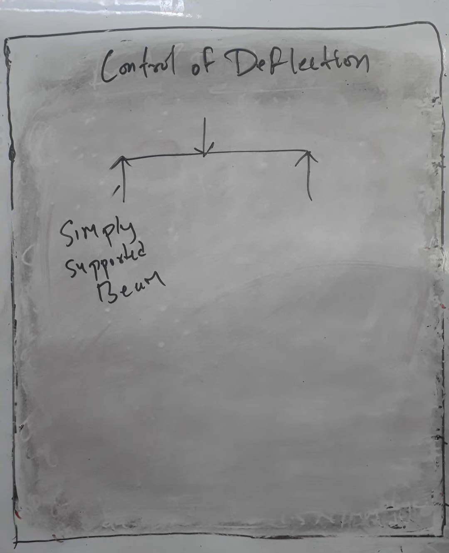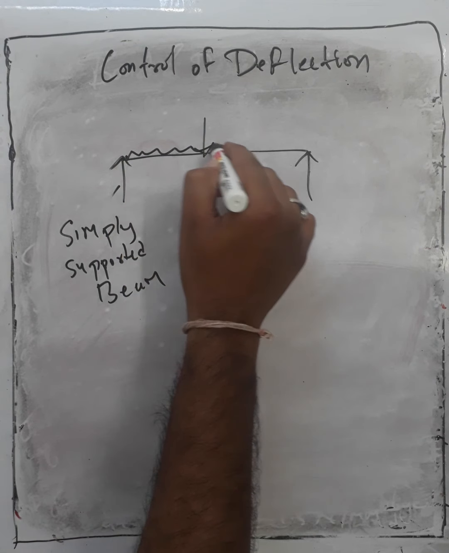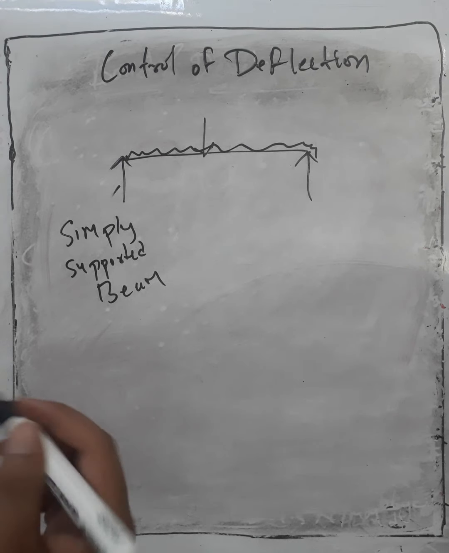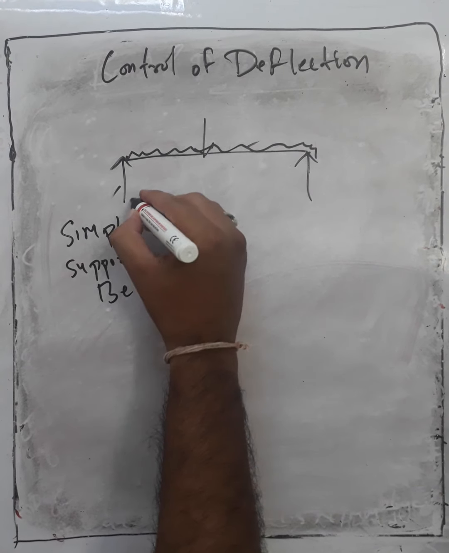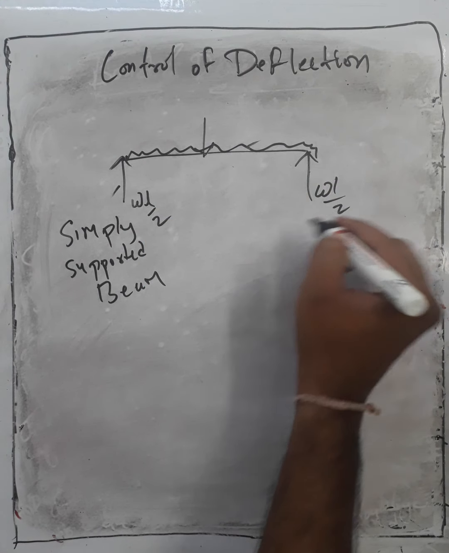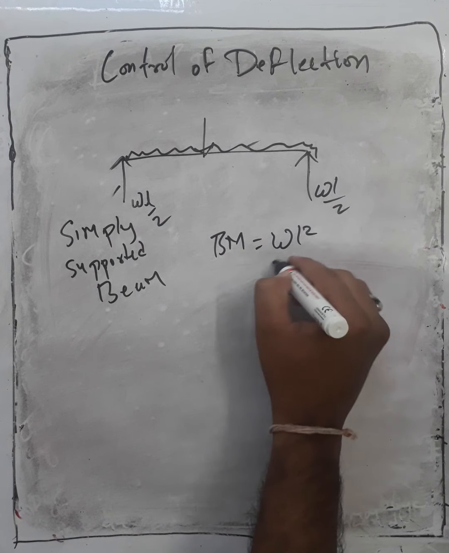Same case if I change it to UDL, you take the condition of equilibrium and find them. For UDL, the shear force is WL by 2 and the bending moment is WL square by 8.